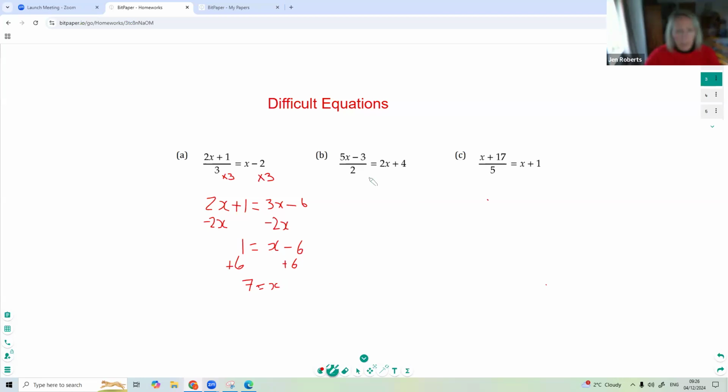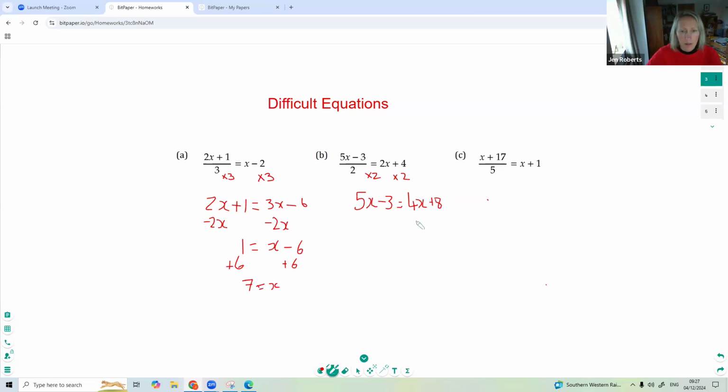So this one here, I want to get rid of this fraction. So I'm going to times both sides by 2. Times the left-hand side by 2, it just disappears. Times the right-hand side by 2, remember I've got to times all of it by 2. 2 times 2x is 4x, and 2 times 4 is 8. Which side has got the least amount of x's?